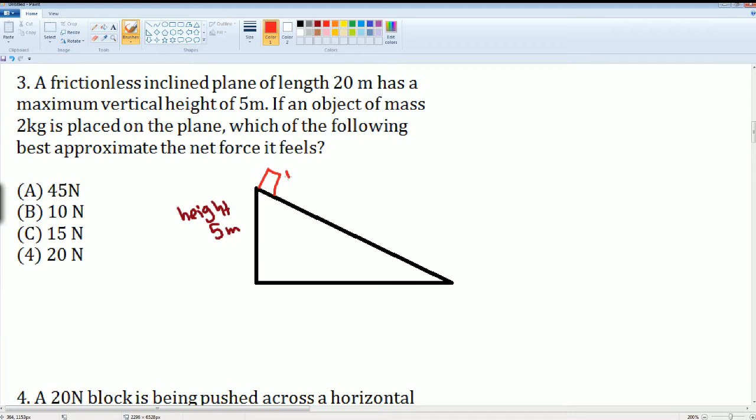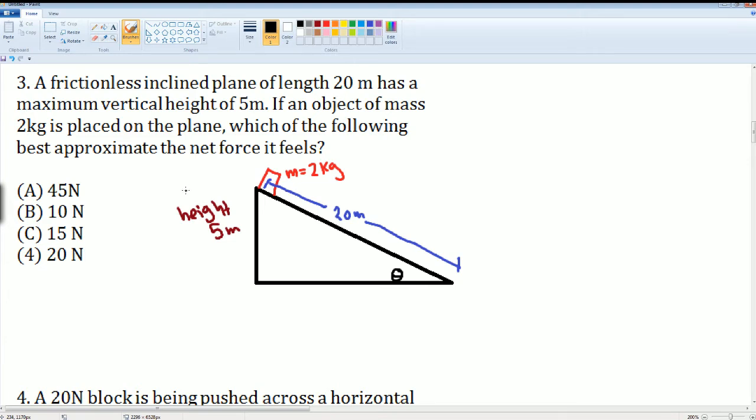The mass here is equal to 2 kilograms. The whole distance here is 20 meters. Right, and again, if there is an incline. So which of the following is the net force it feels?